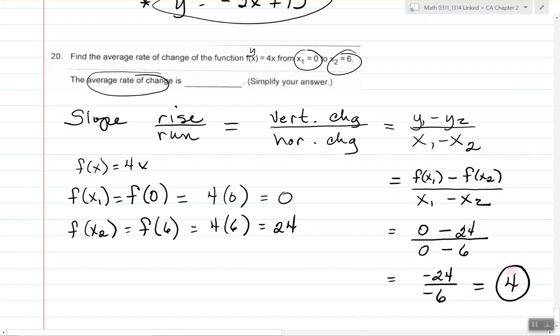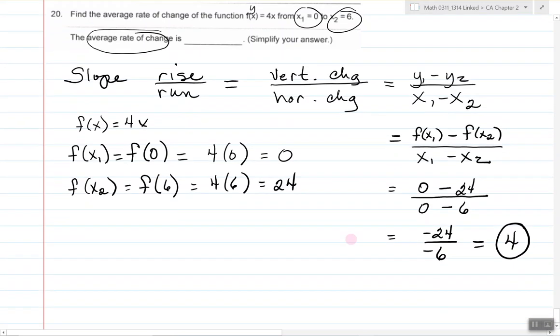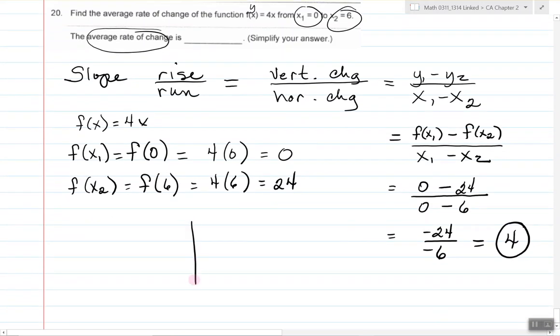Now, I did a lot of work on this problem. To find slope, you need 2 points. We have the first x is 0. We calculated its y, which was also 0. We have the second x, which is 6. We calculated its y, which is 24. We then simply use the slope formula to get a 4.